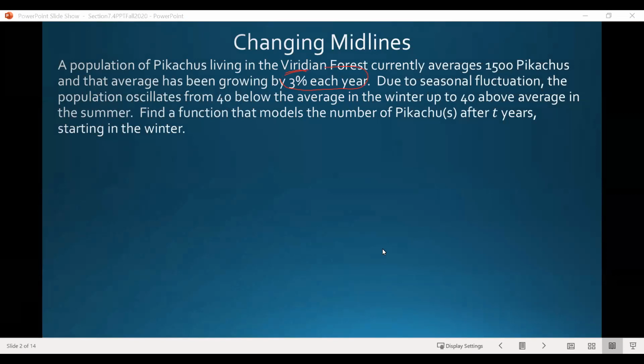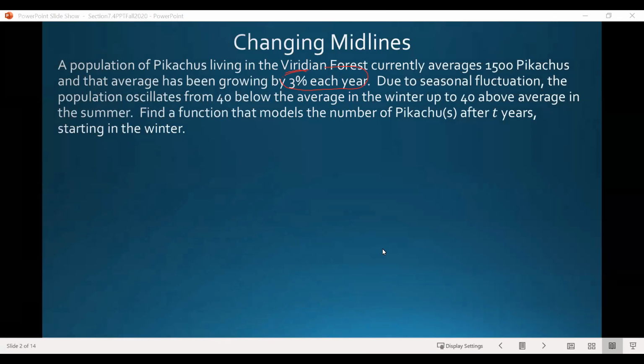Okay, so it says that due to seasonal fluctuation, the population oscillates from 40 below the average in the winter up to 40 above average in the summer. We need to find a function that models the number of Pikachus after t years, where we assume we're starting in the winter.